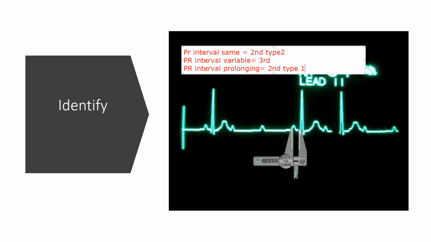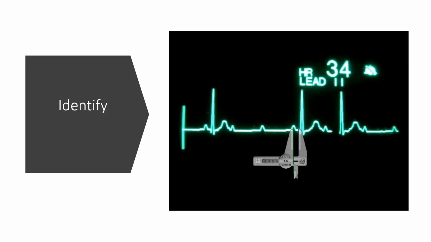Okay, so the answer to this is that this is a second-degree AV block type 2. And the reason for this is because of the fact that the PR intervals are the same. So what is the implication of this? The conduction delay in this type of AV block occurs below the AV node within the His-Purkinje system.